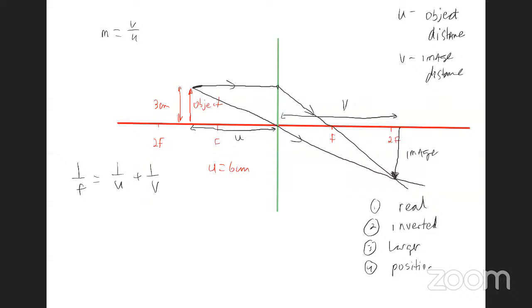Actually, f is 4 centimeters. Find v and find the magnification, and tell me what you get. u is 6 and f is 4.